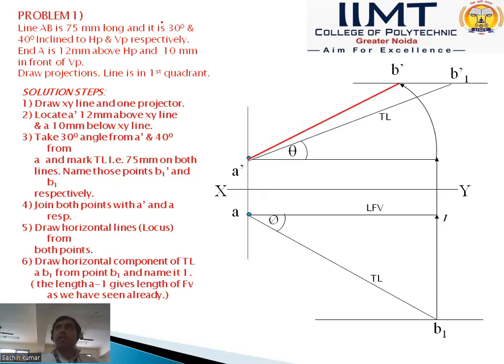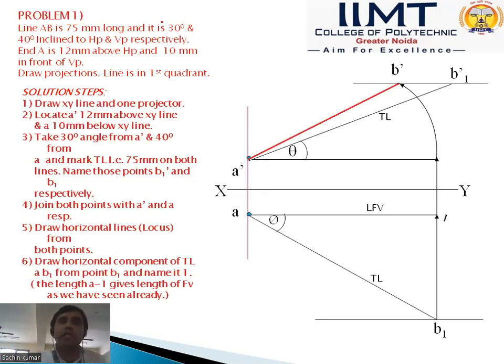We can say, as in previous cases, if a line is inclined to any plane, horizontal plane or vertical plane, the front view and top view are always shorter than the true length. So in this case, if the true length is 75 mm, A dash B1 dash is 75. If we see the front view, obviously this is shorter than 75.